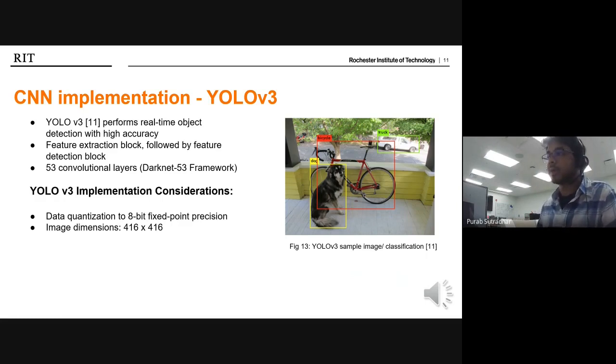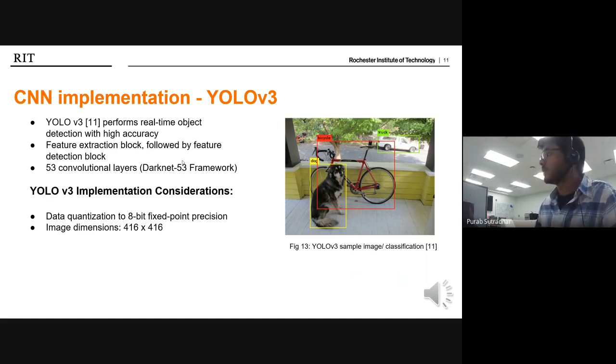It can detect and recognize objects and pinpoint where those objects are located. As a result, it has a feature extractor block followed by a detection block, resulting in a very deep architecture that has 53 convolutional layers.